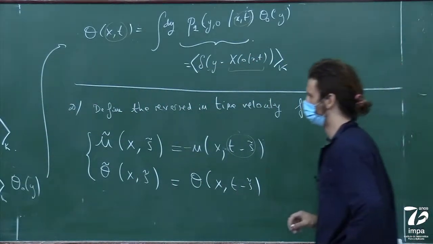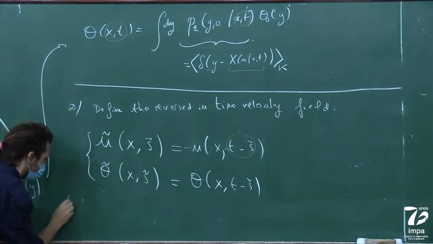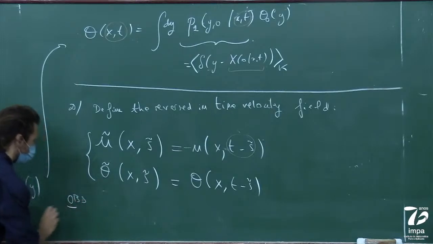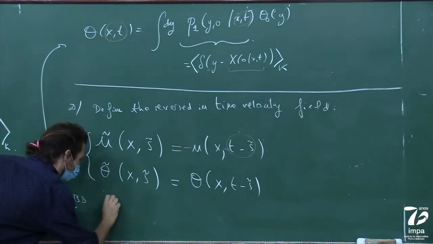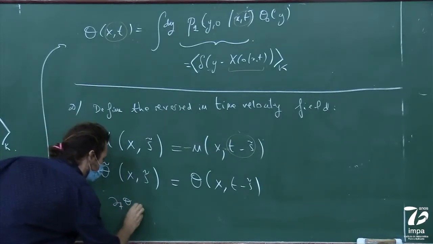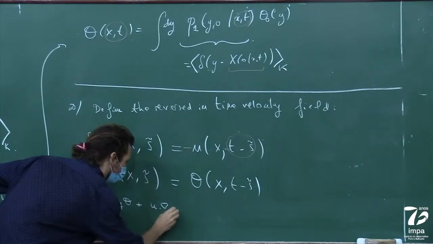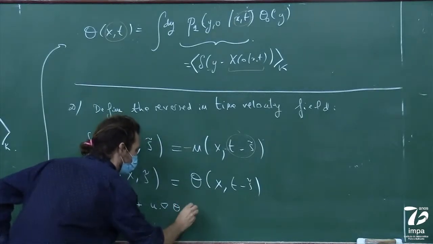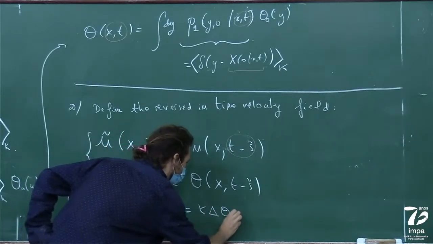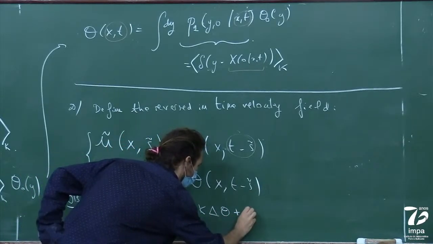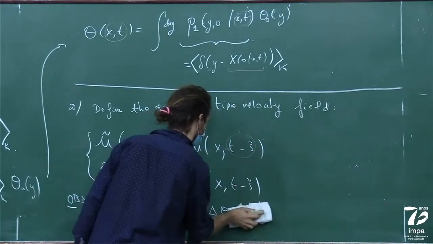And then an observation: we remember that we had d theta plus u dx theta equal the Laplacian applied to theta plus the source. We said we are forgetting the source. We don't like the source.